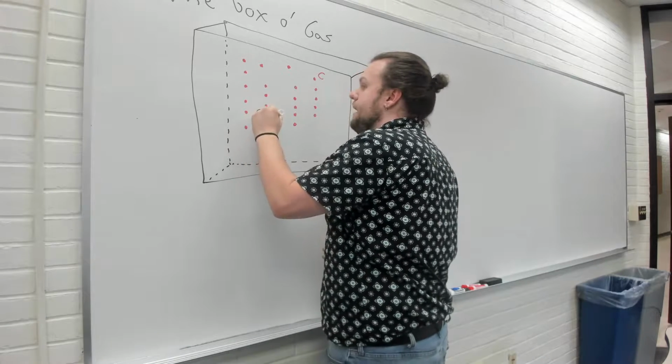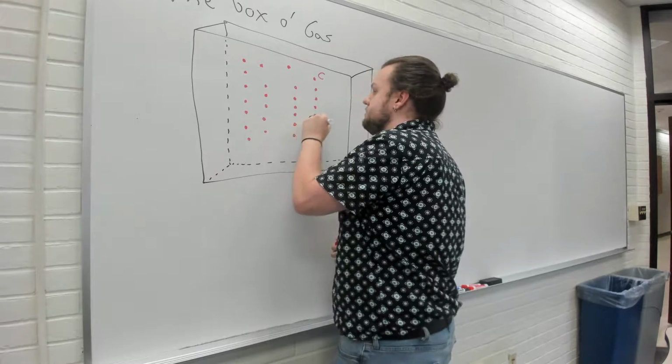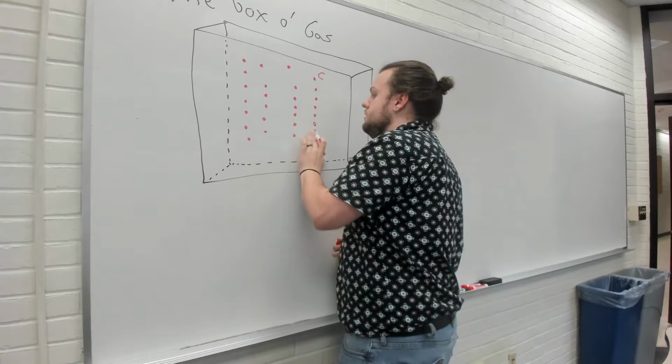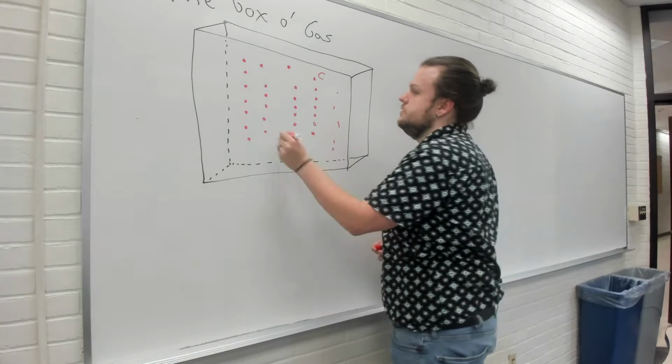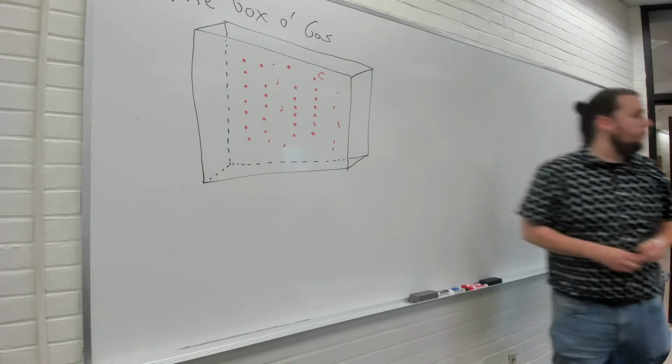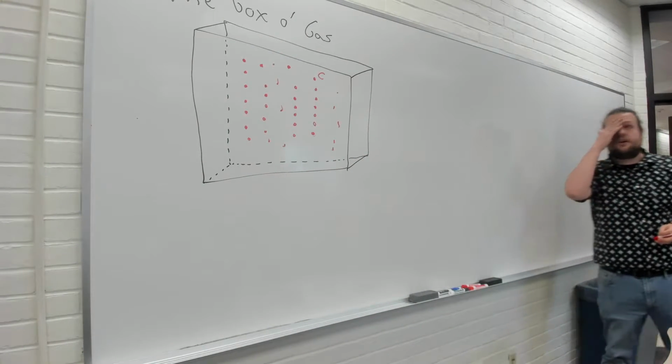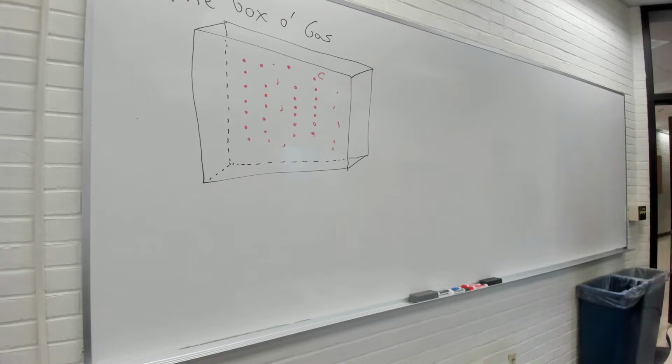We don't know anything about them other than that the box has some carbon atoms. I'll just put some more in. What we're going to do is start to think about the language and the assumptions we can make about this box, and see what kind of theory and what kind of model for this box we can build.